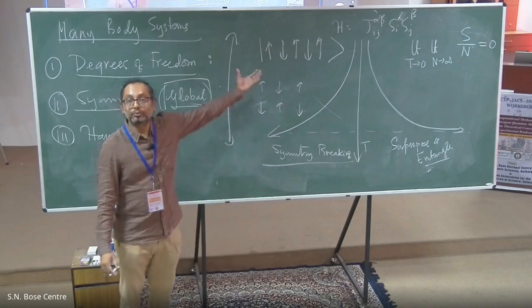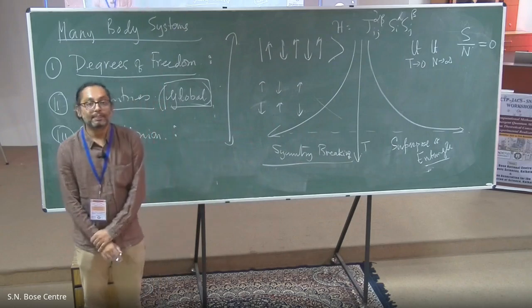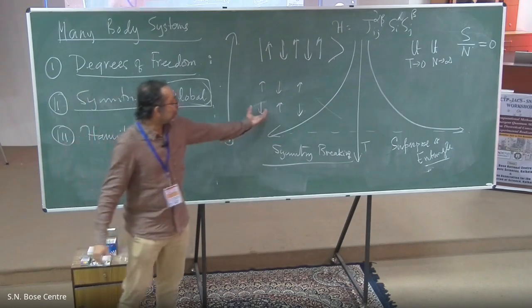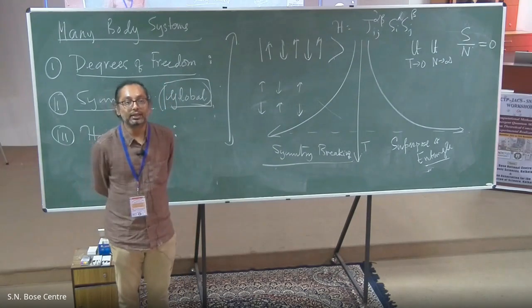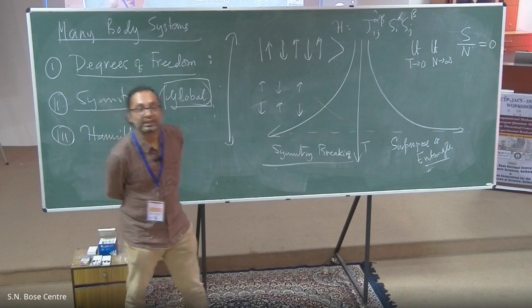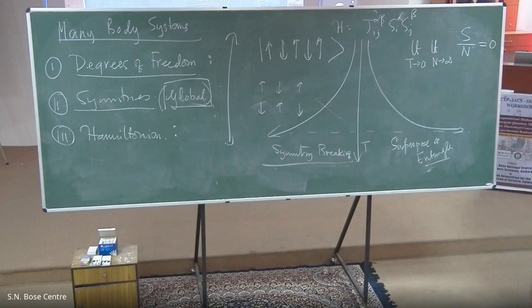Because it's almost a product state, one can describe the system locally, and this local picture is characterized by a local order parameter, which we then put into the mean field theory.